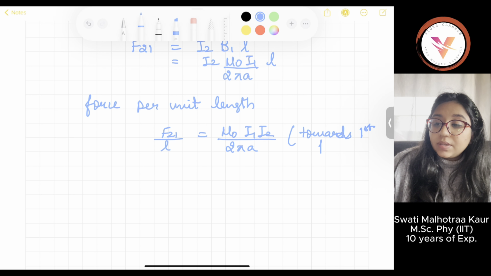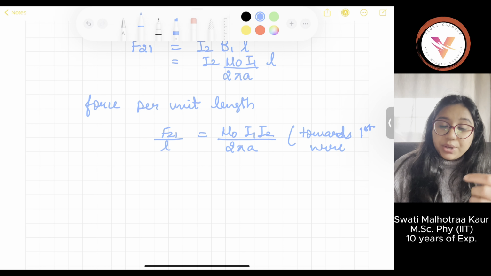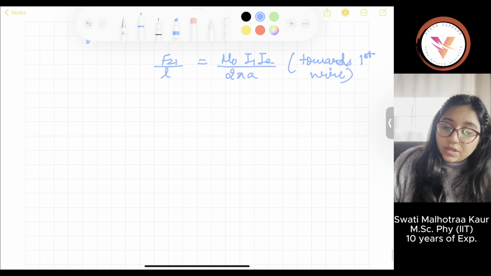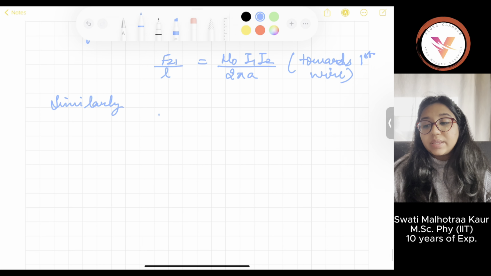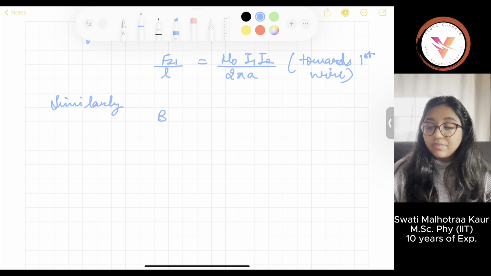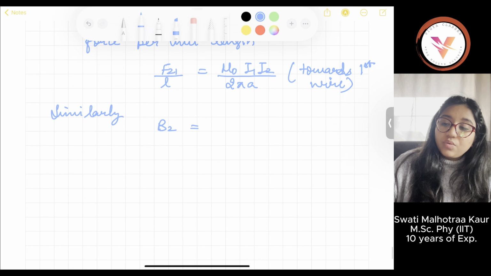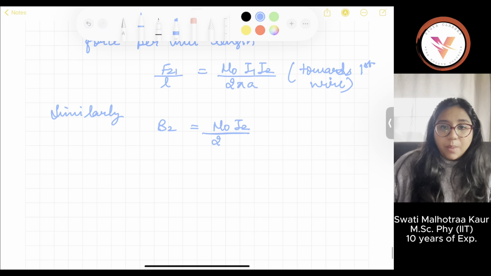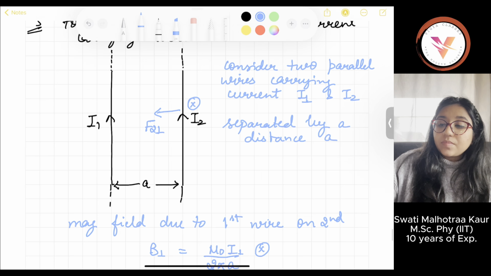Similarly, you can calculate the force on first wire due to second. First you have to calculate the magnetic field B2, that is the magnetic field due to second wire, and it is mu naught I2 over 2 pi A. If you want to check the direction, it is upward.